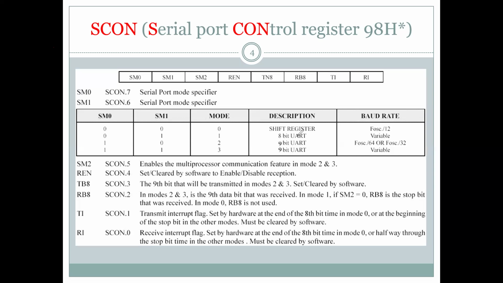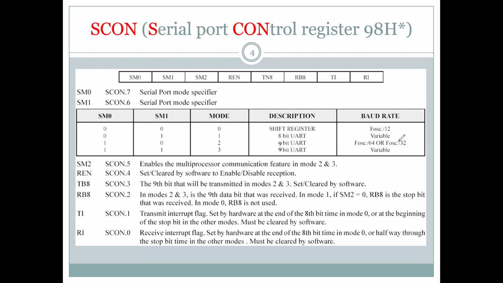Next, mode 1 is 8-bit UART mode. The baud rate is variable. You can configure at what baud rate the bits have to be transmitted out. Similarly, mode 2 is 9-bit UART with a fixed baud rate, which can be selected either by F oscillator by 32 or F oscillator by 64.